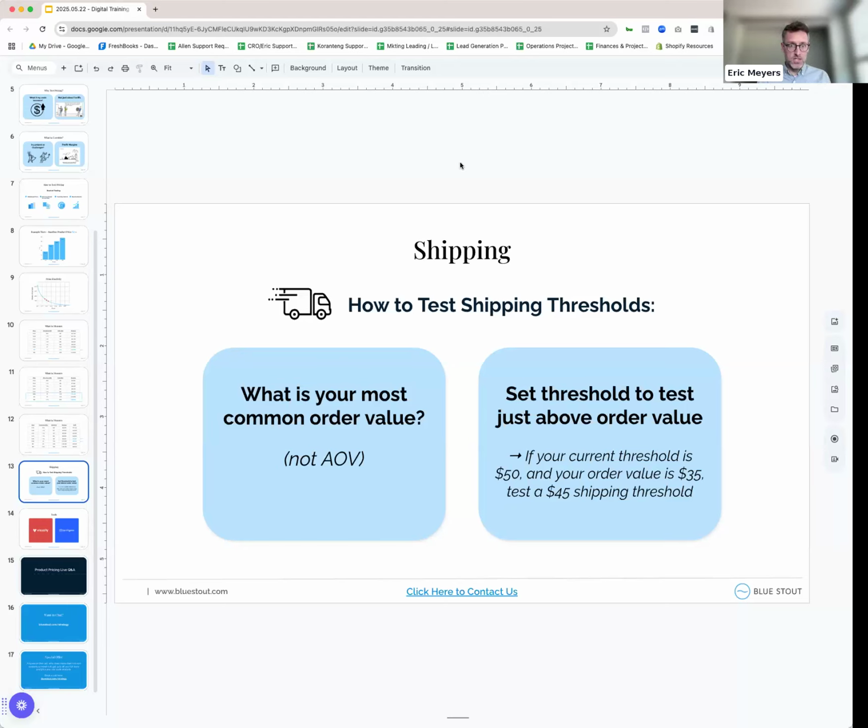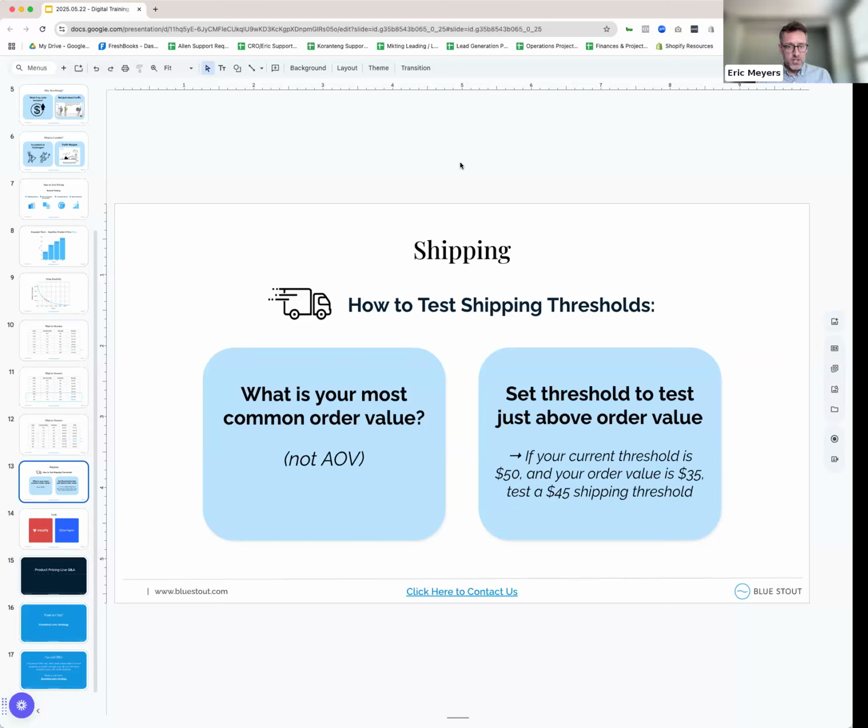You can visually see really quickly where those modes and ranges are. Is there a greater range of $40 to $45 cart values, or a greater range of, say, $35 to $40? In that case, maybe we could lower that free shipping threshold to $45. That way, it's a smaller step for a bigger audience to take to reach the free shipping threshold.